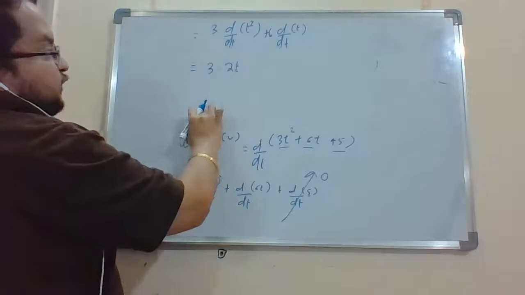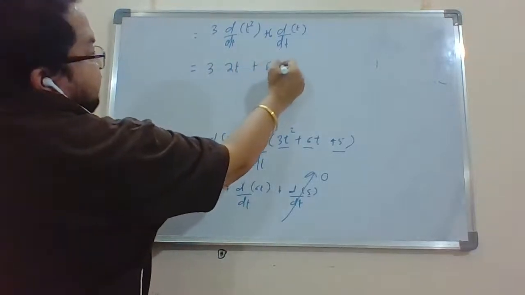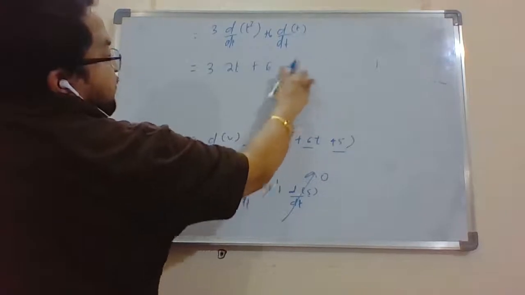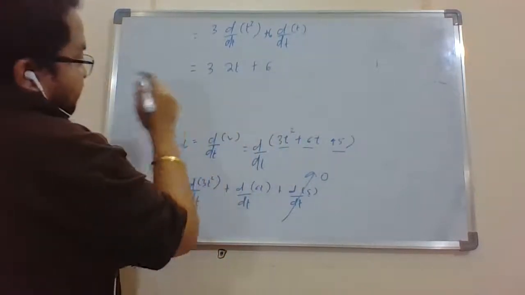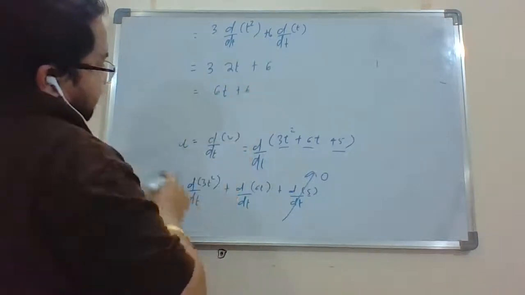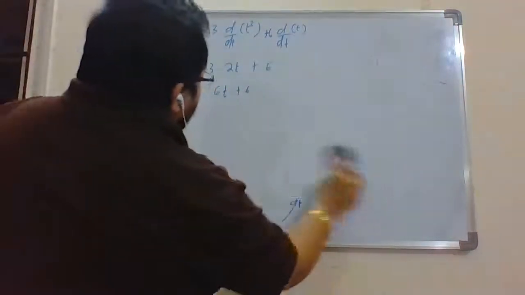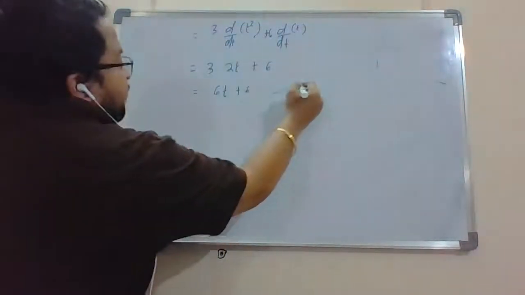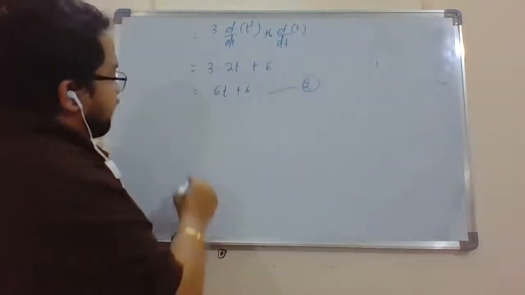So I'm directly writing 2t plus 6, 1 into t to the power 1 minus 1, that is nothing but 1. So I'll put 6. So that is nothing but 6t plus 6. Now I have got the equation for my acceleration.